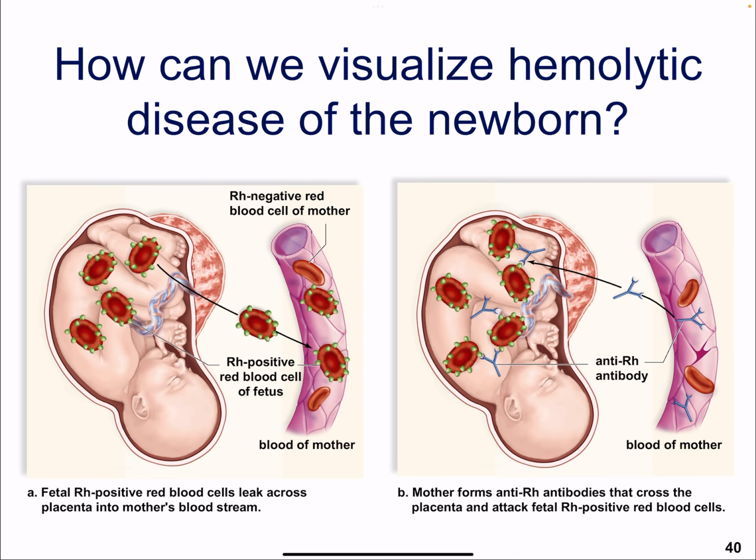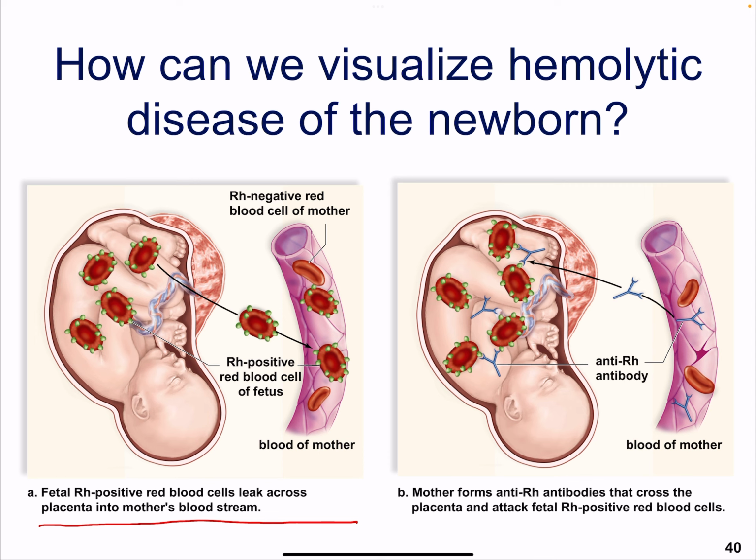Now, here in the first pregnancy, let me step back before I talk about the first pregnancy. Let me first of all say that between mom and the fetus, there is what we call the placenta barrier.